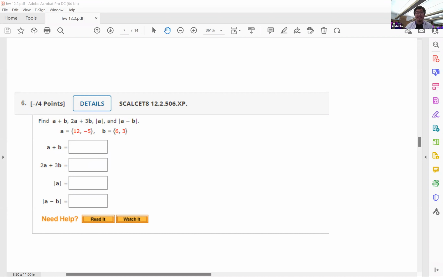If the scalar is negative, then the resulting vector is pointing in the negative direction. So if the 12, -5 is pointing this way, then the negative is pointing that way, backward. The absolute value around the vector means the magnitude.